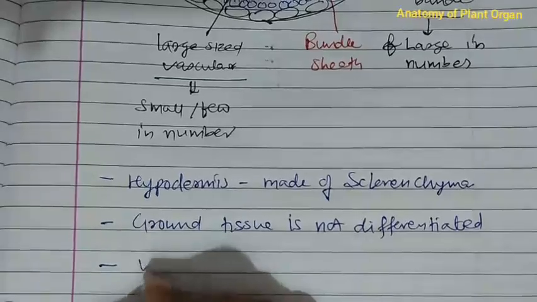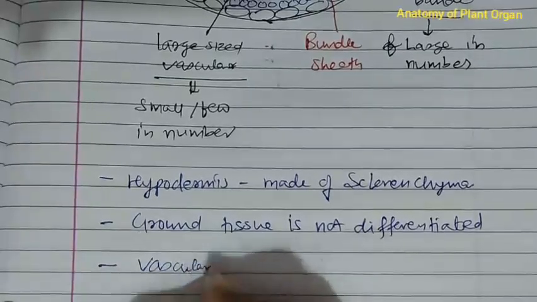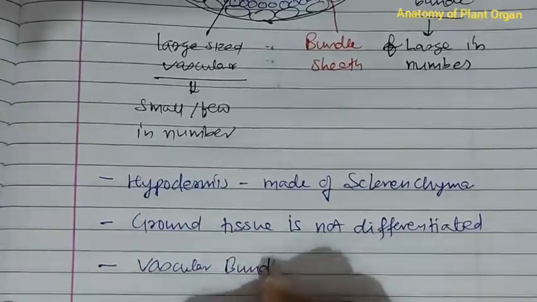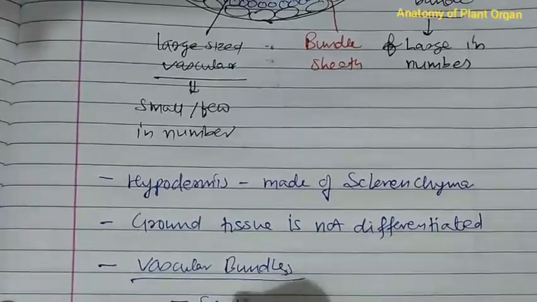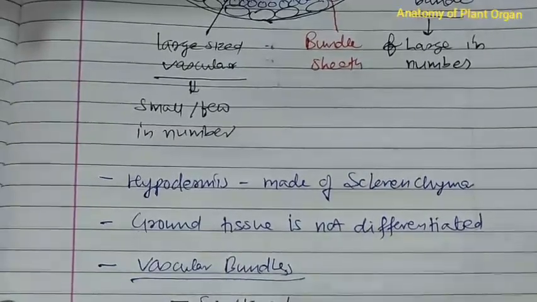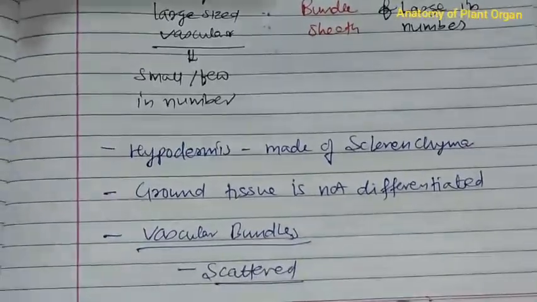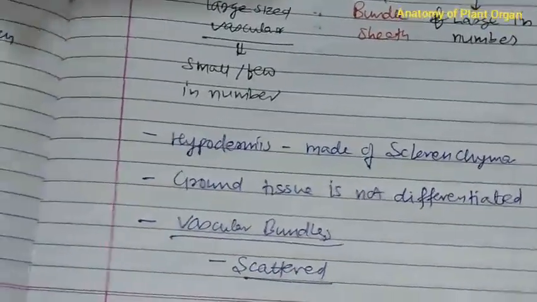Now next to that, vascular bundles. So scattered vascular bundles are found in case of this monocot stem.